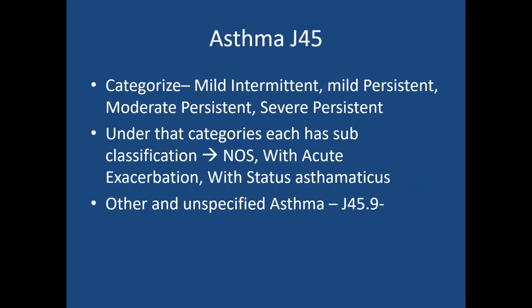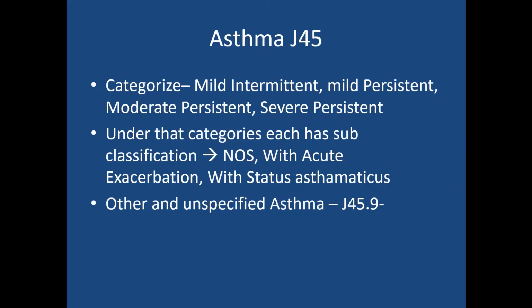Asthma, J45, is categorized as mild intermittent, mild persistent, moderate persistent, and severe persistent. Under those categories each has subclassifications: NOS, with acute exacerbation, with status asthmaticus, other and unspecified asthma, J45.9.